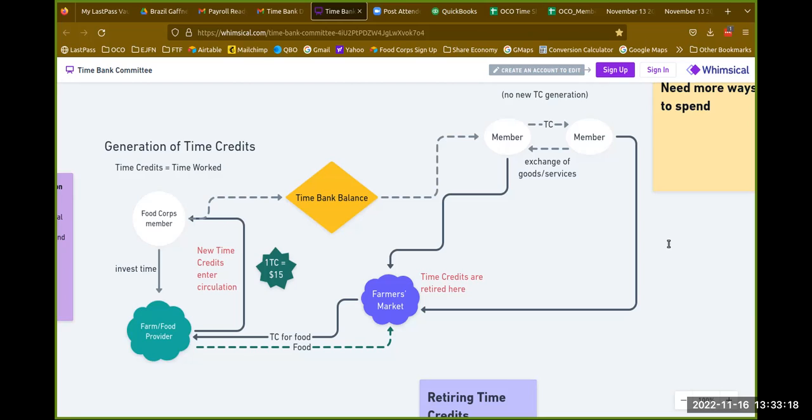So it prevents the situation where a farmer might have to accept like 6 time credits at once and sell out their whole stall. Yeah, that's right. I think that's fair.